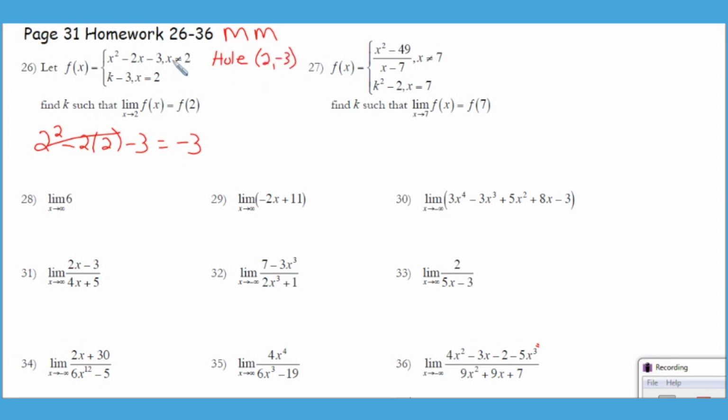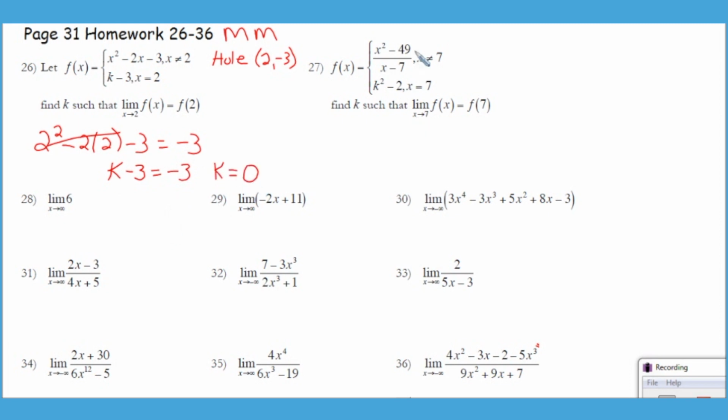Well, in order for these 2 things to be equal, you need the y of this to be equal to the y of this, if it could be there. You want it to fill in the hole. So normally there's an x in here, and you plug the 2 in for x, and you set them equal, but we can't do that because there's no x. So we're just going to set k minus 3 equal to -3. And if you look, wouldn't k have to be 0 to make that true? That's kind of a weird little problem.